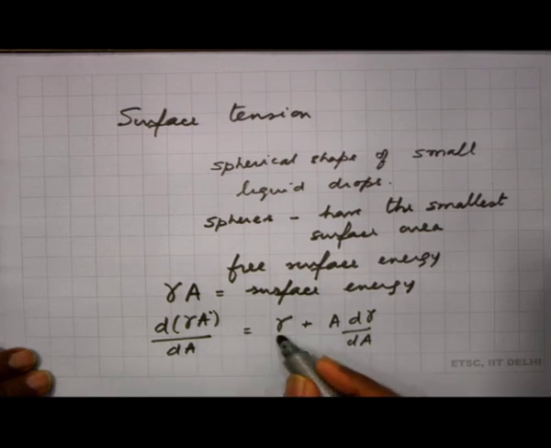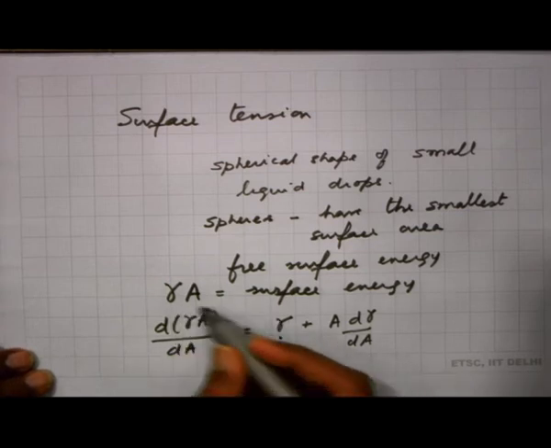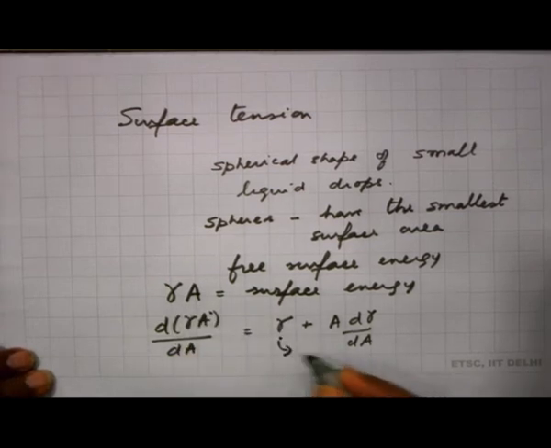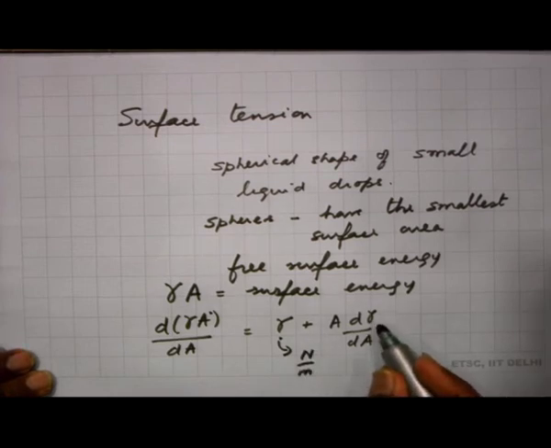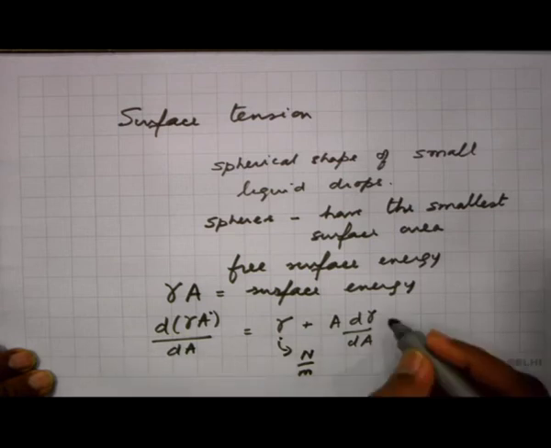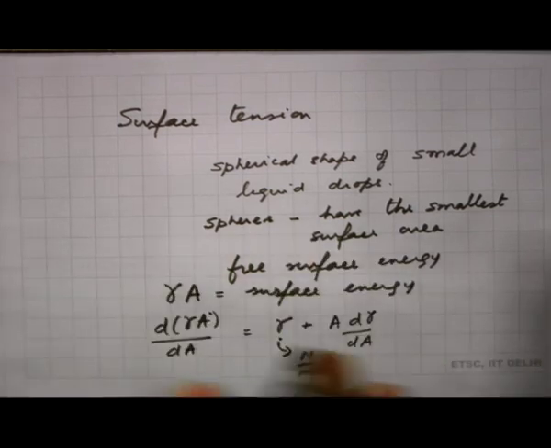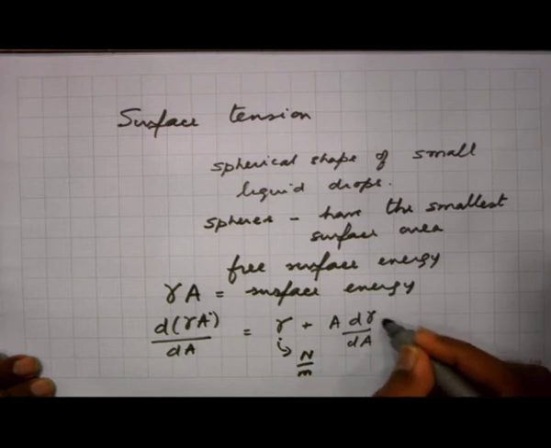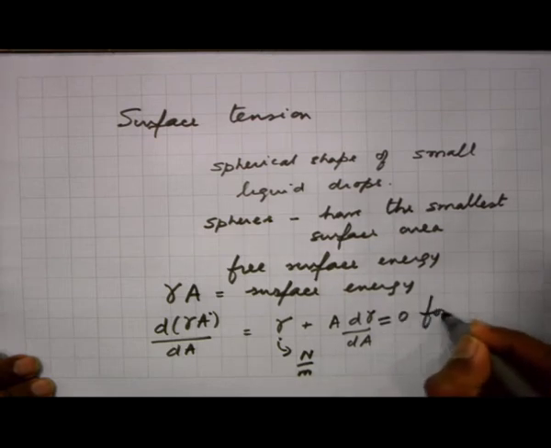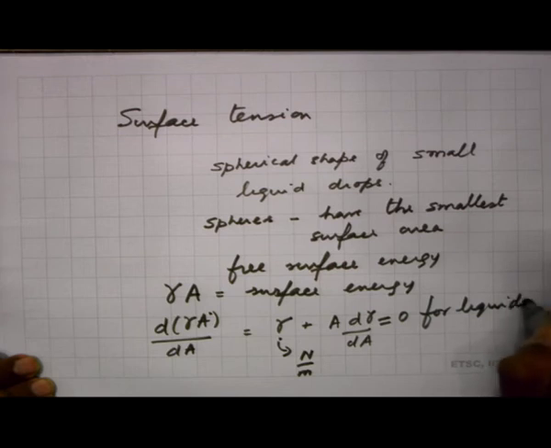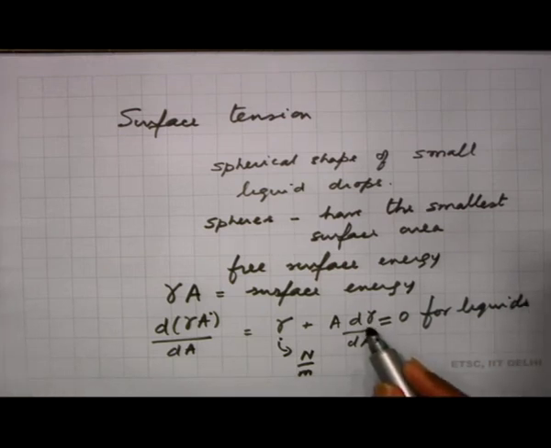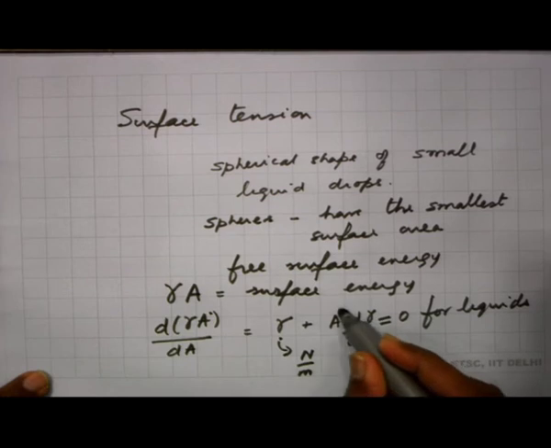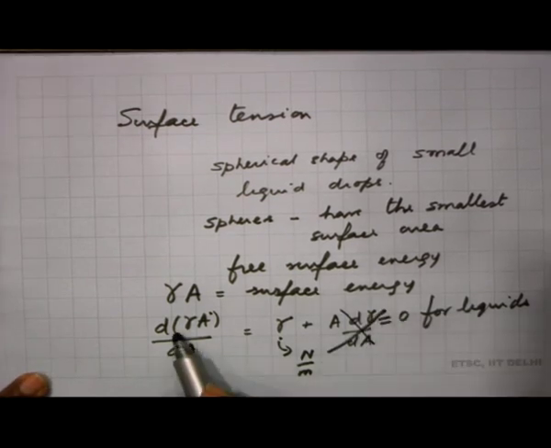This is the surface energy, which will have Newton per meter, and then I have a term involving how the surface energy varies with the area. But we know that for liquids, no matter what the liquid is, this thing does not change. So, this is equal to 0 for liquids, because it retains its shape, right. So, this term here is equal to 0 for a liquid.